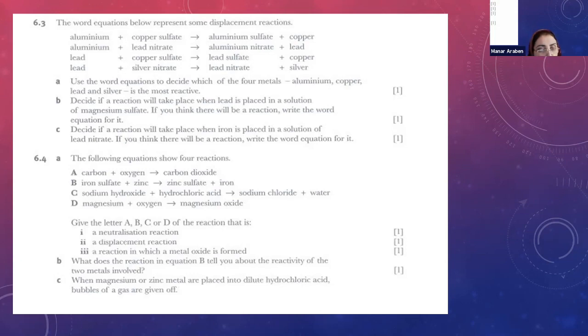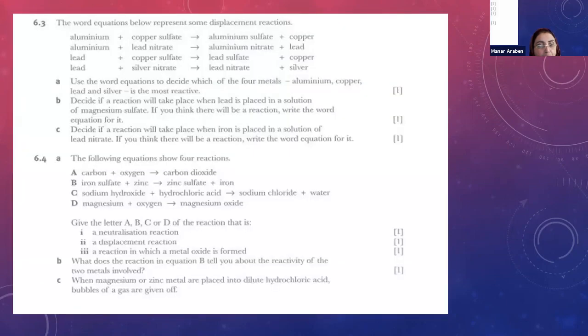When magnesium or zinc metal is placed into dilute hydrochloric acid, bubbles of gas are given off. Can you write the equations which describe the reaction of zinc plus hydrochloric acid and magnesium plus hydrochloric acid?